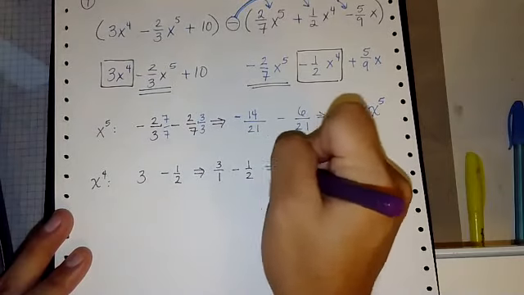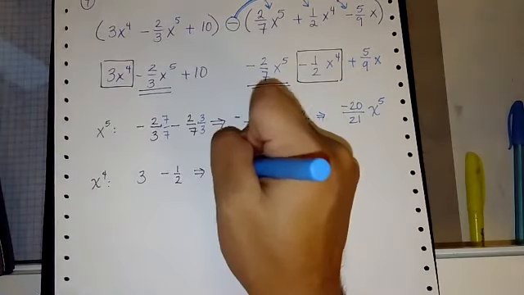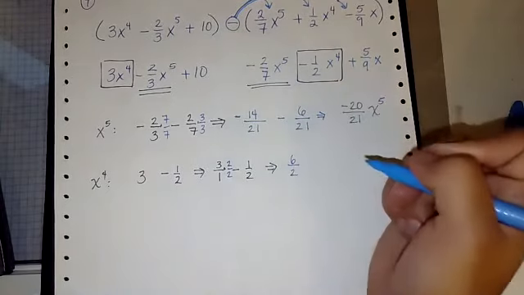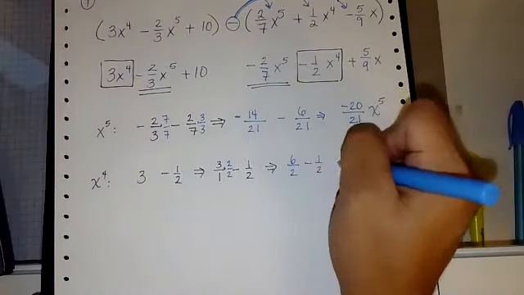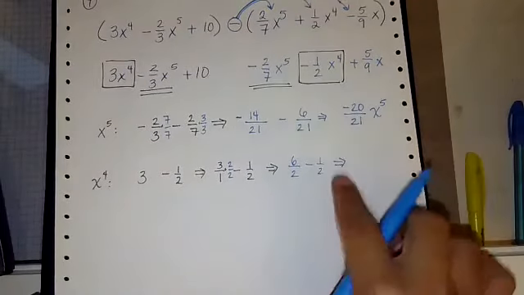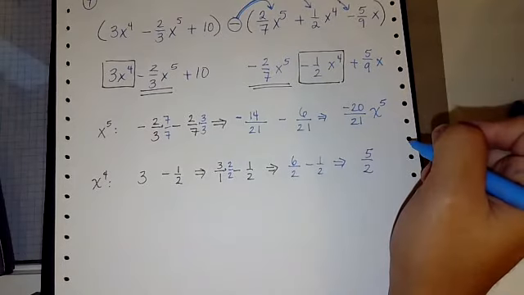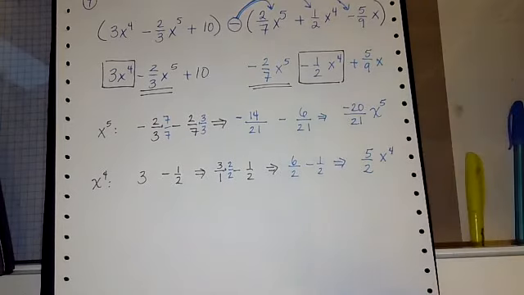And then we want to get a common denominator. So I'm just going to multiply this fraction by 2 over 2 to get 6 over 2 minus 1/2, which at the end of that deal, we should get 5 over 2 x to the 4th.